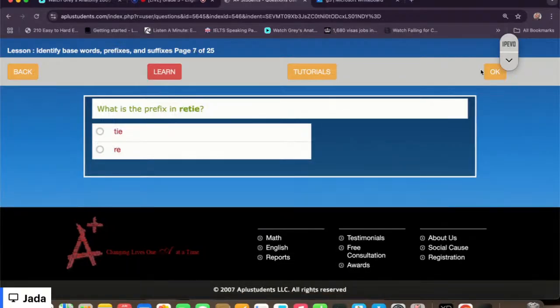So what is the prefix in retire? Is it tie or the re?